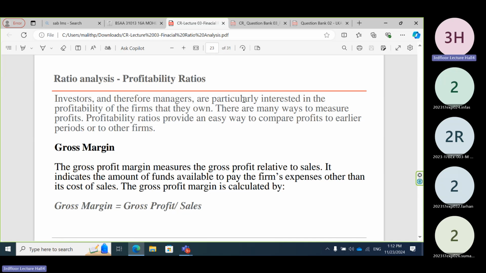Basically, gross margin is the percentage we have to cover for the admin cost and the profitability.